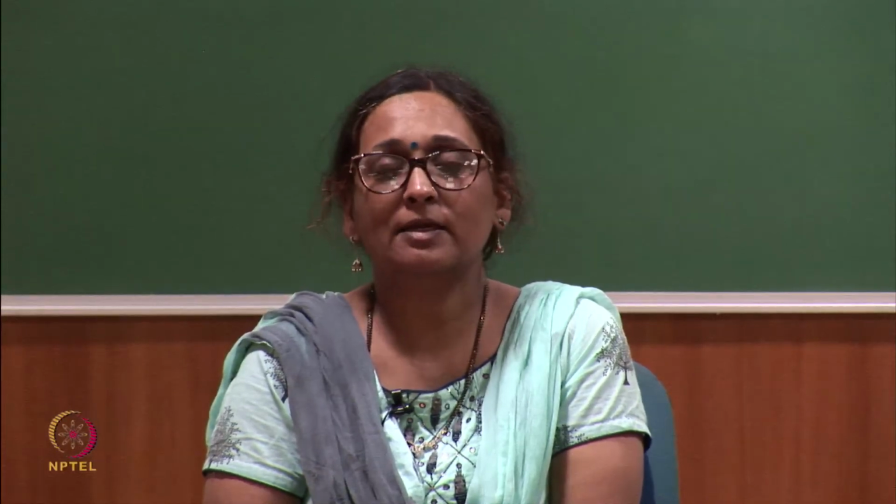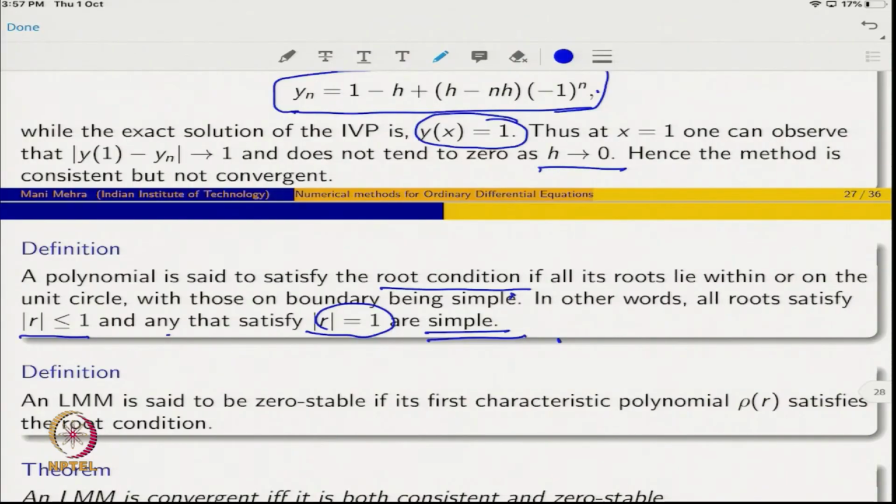Why are we formalizing this definition of the root condition? Because it plays an important role later in formalizing the concept of zero stability, and zero stability is something required for a consistent difference scheme to be a convergent difference scheme. A linear multistep method is said to be zero stable if the first characteristic polynomial rho(r) satisfies the root condition.